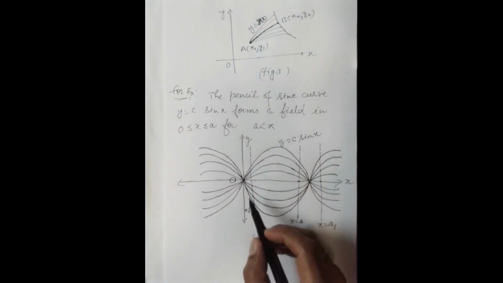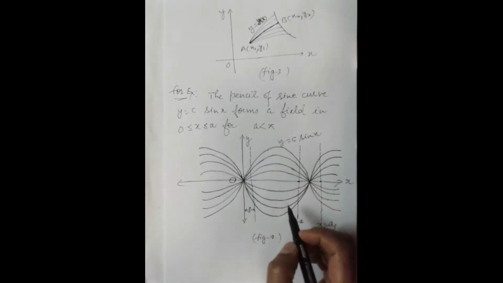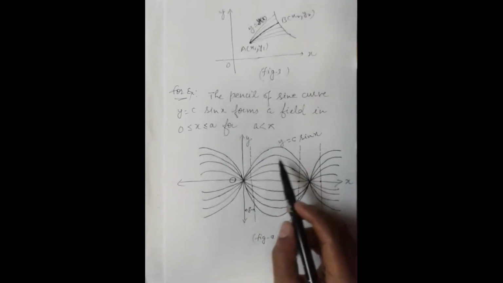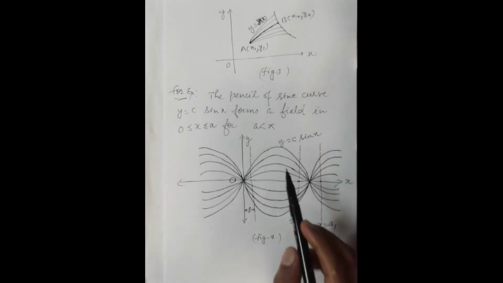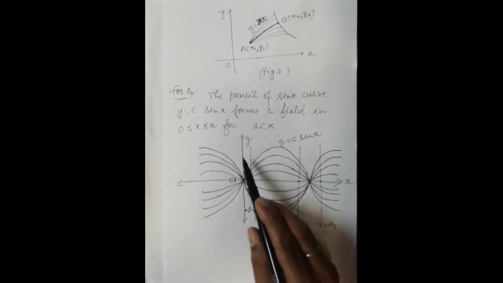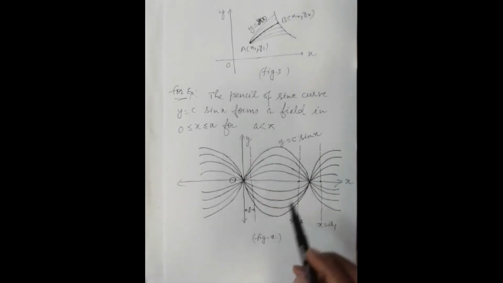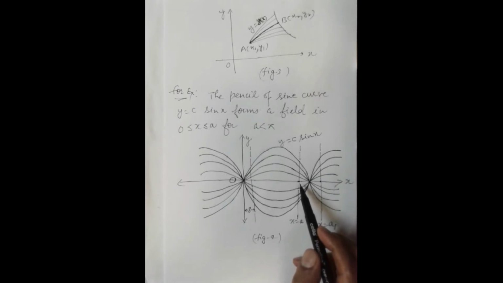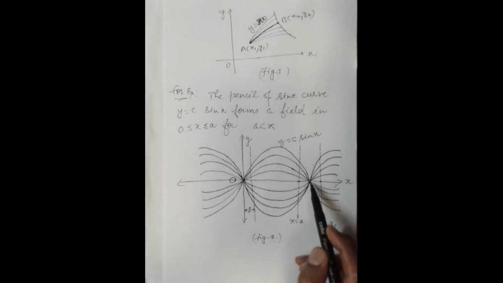Now here we can see from this figure the pencil of sine curves y equal to c sine x forms a field in x less than or equal to a and greater than or equal to 0 for a less than pi. This point is x equal to pi and this point is a less than pi.